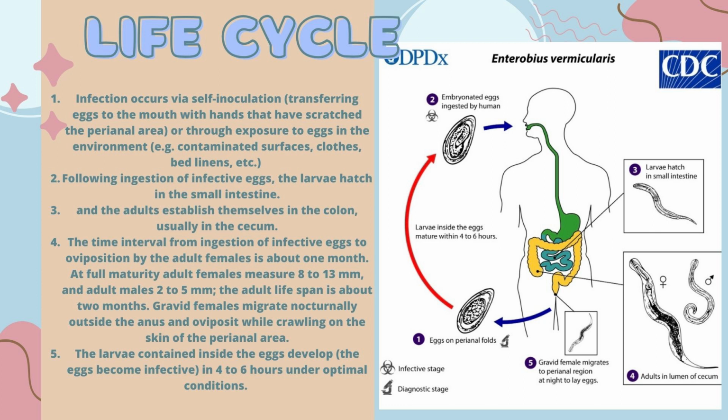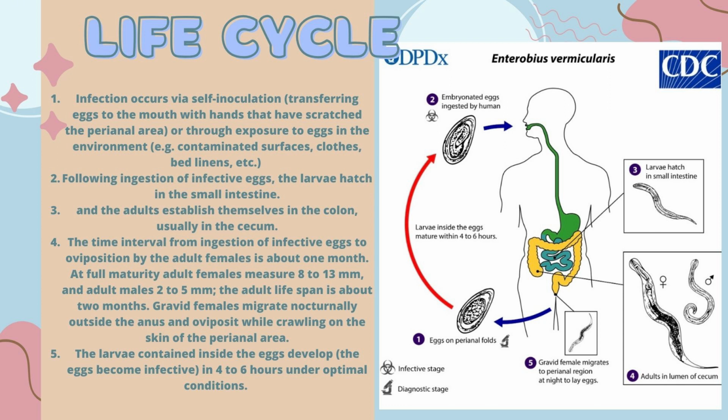The time interval from ingestion of infective eggs to oviposition by the adult females is about 1 month. At full maturity, adult females measure 8 to 13 mm and adult males 2 to 5 mm.